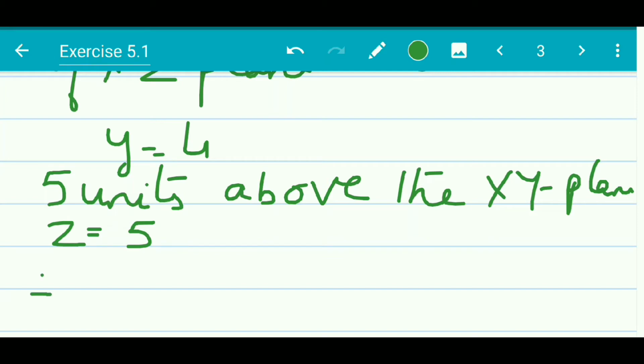Therefore we can write that P is given by -3, 4 and 5. These are the coordinates of point P.